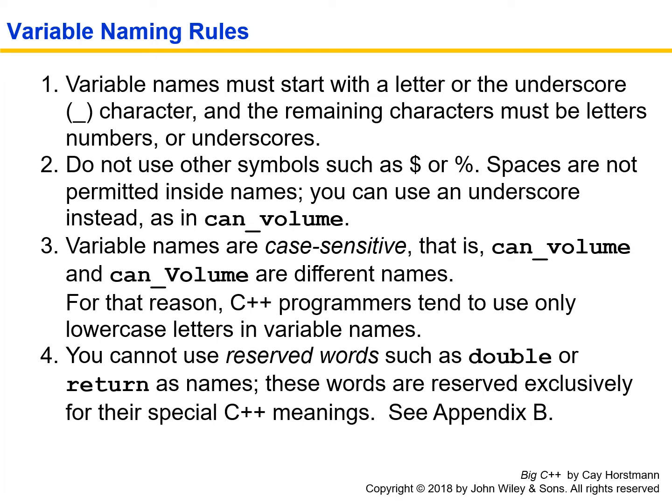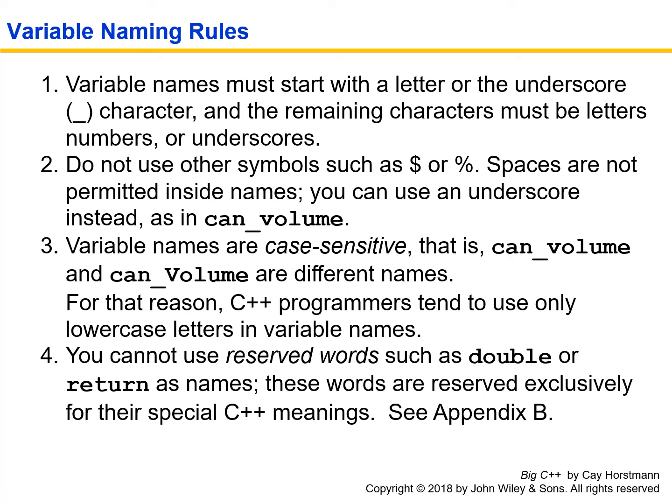This is different from other programming languages like Java or C#, where people tend to use capitalization in particular patterns to indicate things about their variable names. But the C++ convention is to use only lowercase letters.